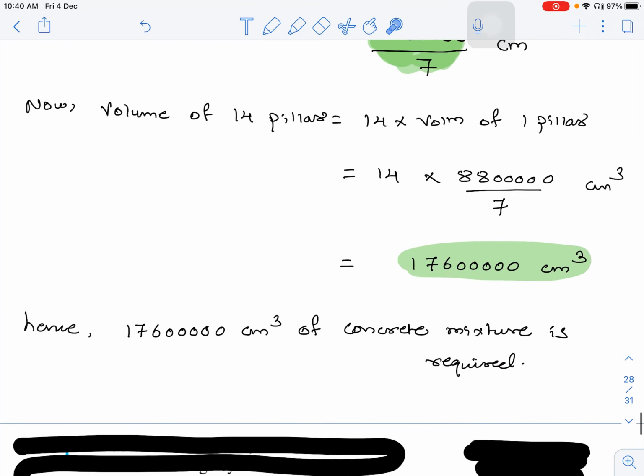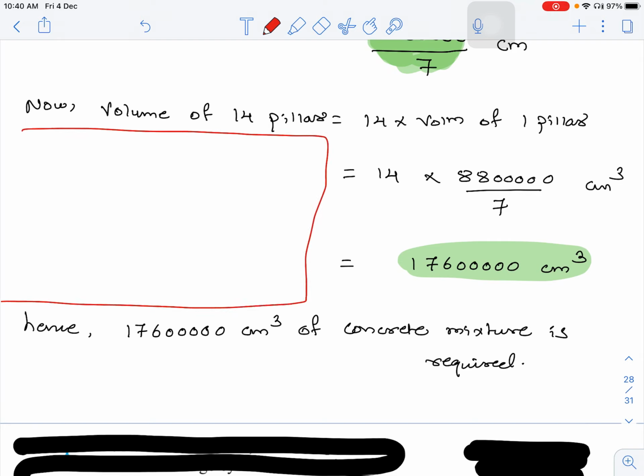Now let me explain how to make that conversion. I am writing it here. We know that 1 meter equals 100 centimeter. Therefore, if you write this as meter cube, you have to take cube of this side also.